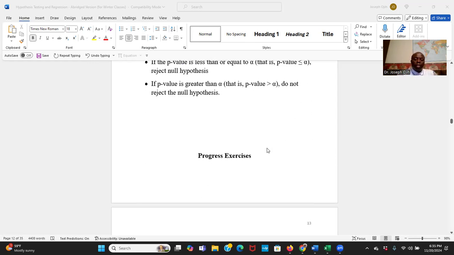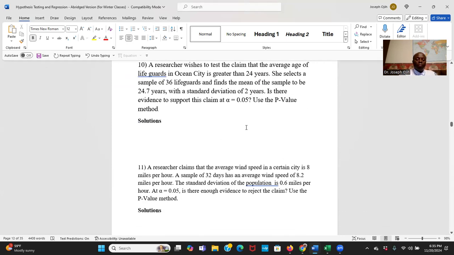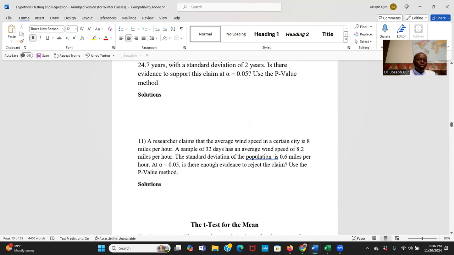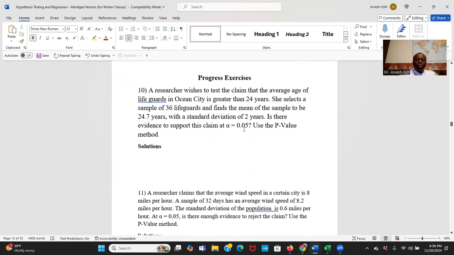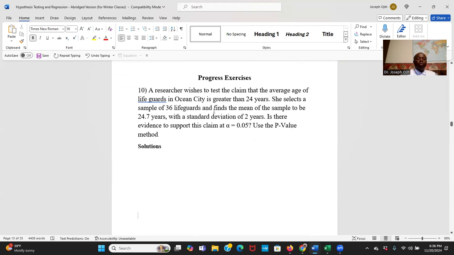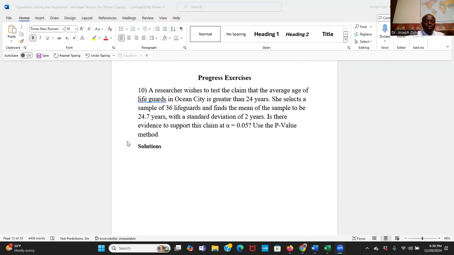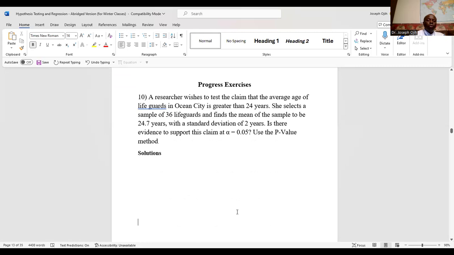Let's try two examples of this, one with one tail and the other with two tails. Look at this one. A researcher wishes to test the claim that the average age of lifeguards in Ocean City is greater than 24 years.